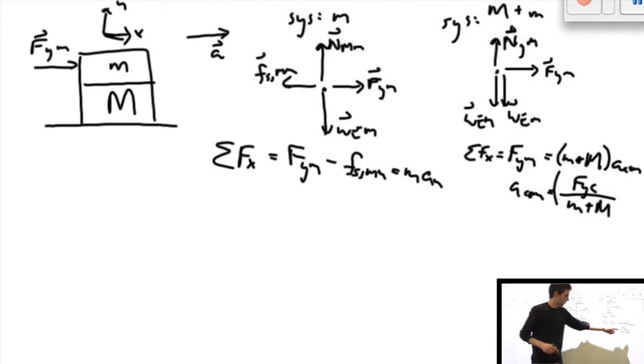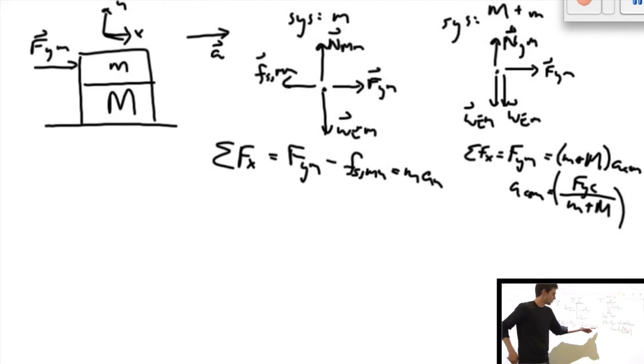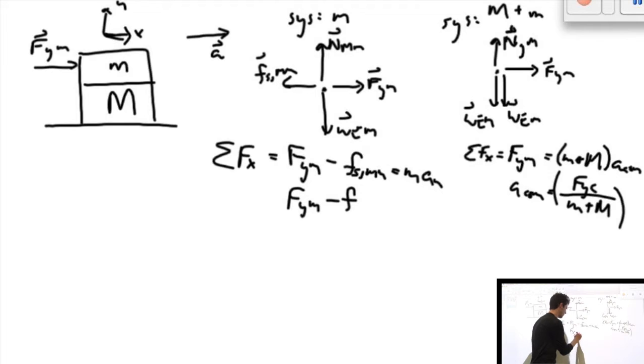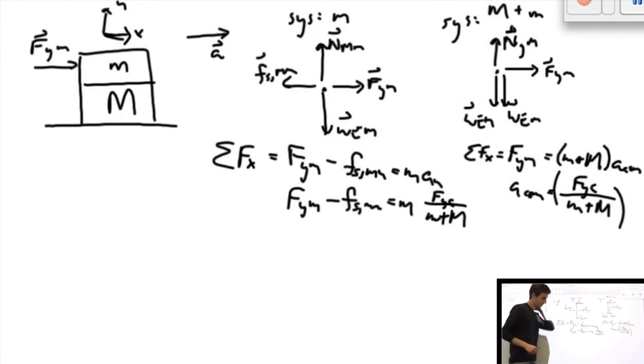So I can come back over here, and I can take this and plug it in to this acceleration of mass 1. And I can get something like force F from you minus static friction equals little m times this acceleration, which is F from you over m plus big M. And at this point, we're essentially done, because everything in this equation is in terms of stuff that we know, except for what we're looking for, which is this.